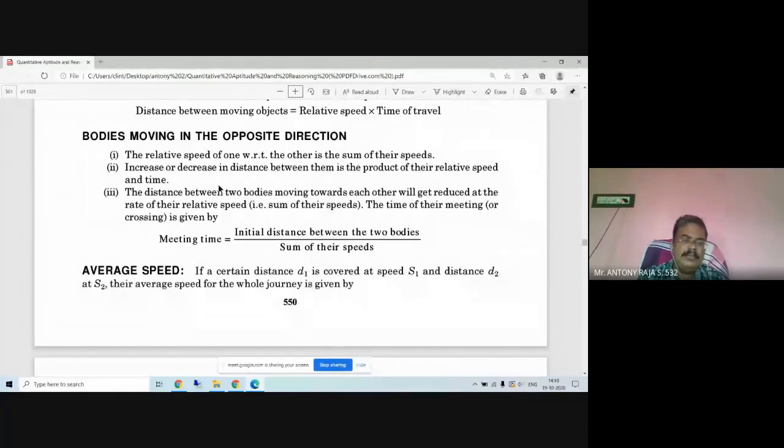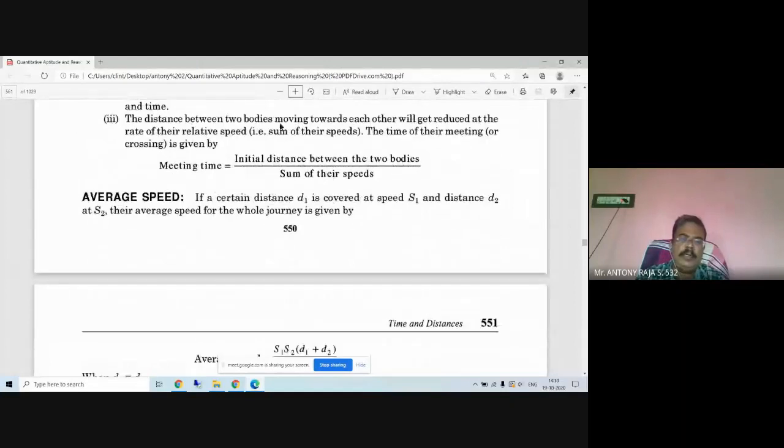Next formula. The distance between two bodies moving towards each other will get reduced at the rate of their relative speed, the sum of their speeds.